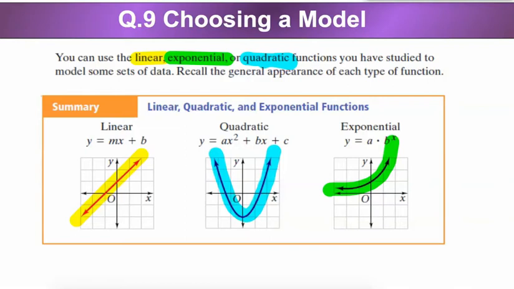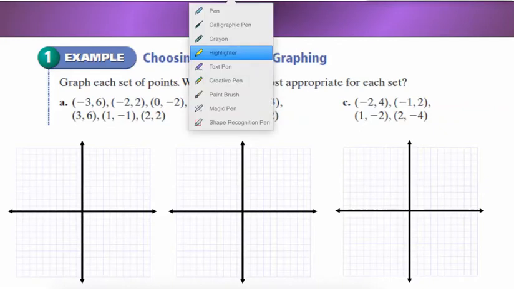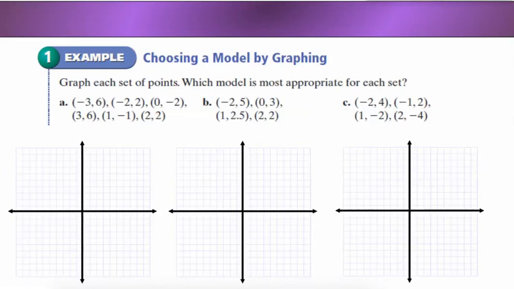So those are our three functions. We want to graph the set of points and then decide which model is most appropriate. So sometimes by looking at the data, we're going to be able to tell whether or not we have a linear, exponential, or quadratic function.